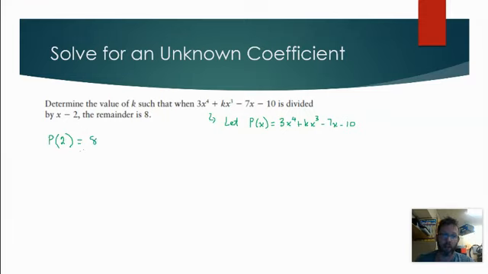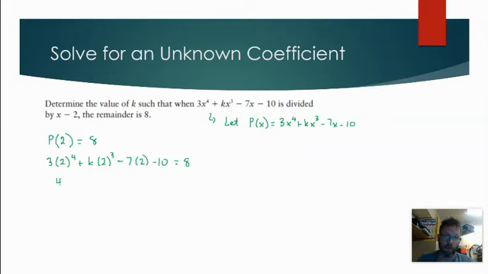And let's actually just work this out. What is p at 2? So it's 3 times 2 to the power 4 plus k times 2 to the power 3 minus 7 times 2 minus 10, and we know that's equal to 8. And we've created an equation that we can solve for k.